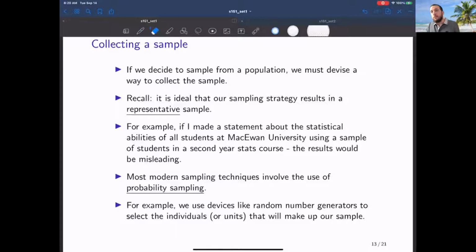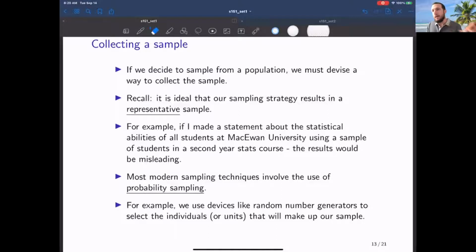And that would technically be a sample, right? That's a subset of the population. There's no issue with the definition being incorrect in that sense. The issue is that is probably not going to be the most representative sample.